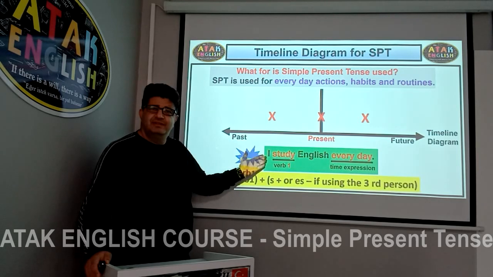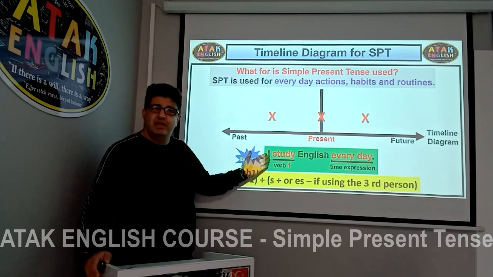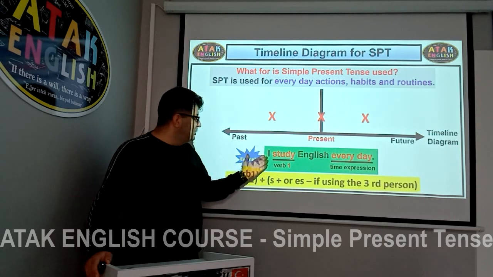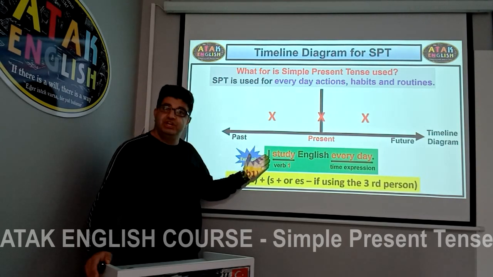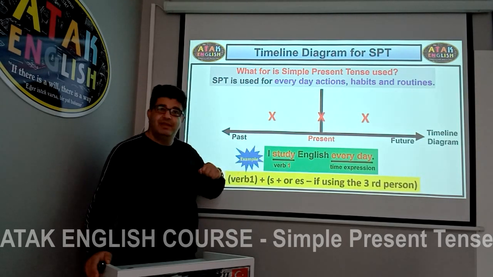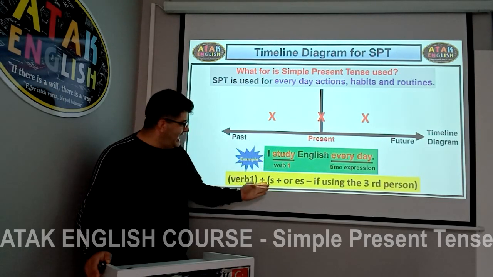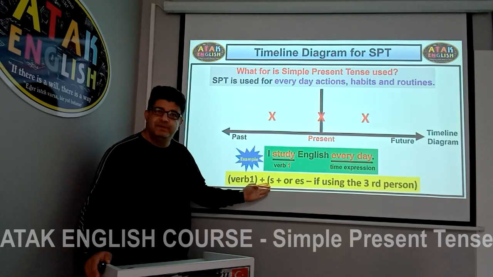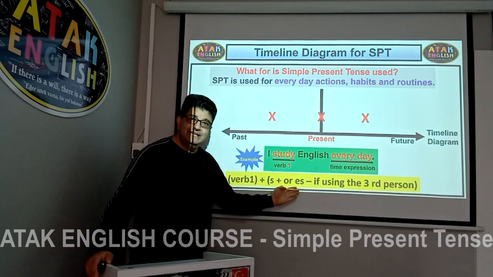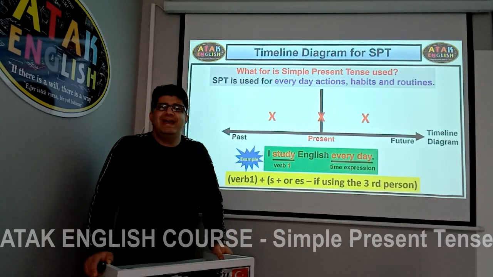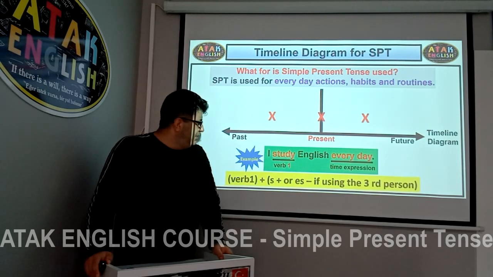If the subject is third person singular, which can be he, she, or it, then we add at the end of the word sometimes s, sometimes es, and sometimes ies. That is our verb format.